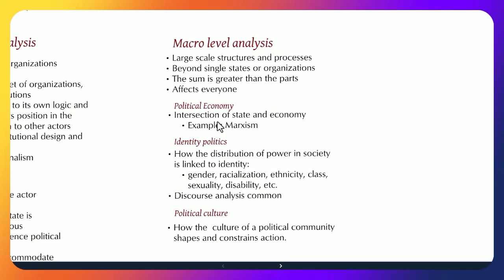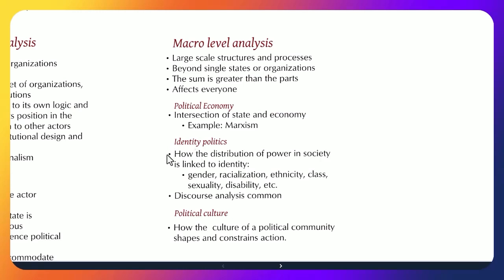And here, of course, the most classic example of structural political economy analysis is Marxism, which is really discussing how classes and the struggle between classes is shaping society and how the mechanisms of the economic system compel people to act in a certain way depending on their position in the economy. I'd also submit that identity politics belong to this level of analysis.